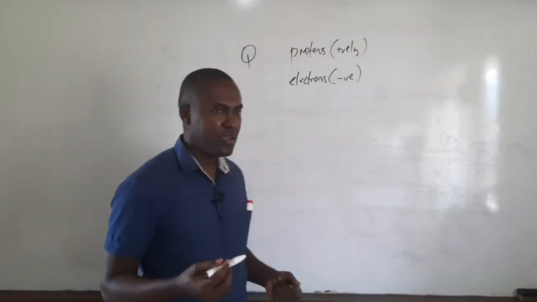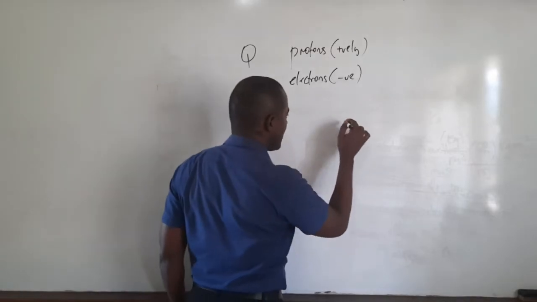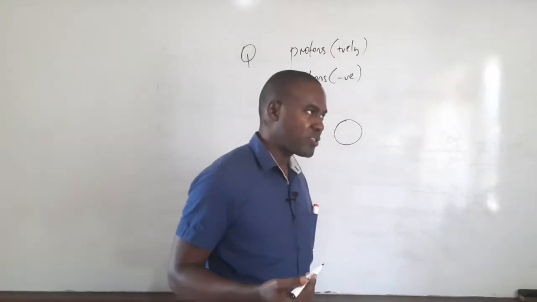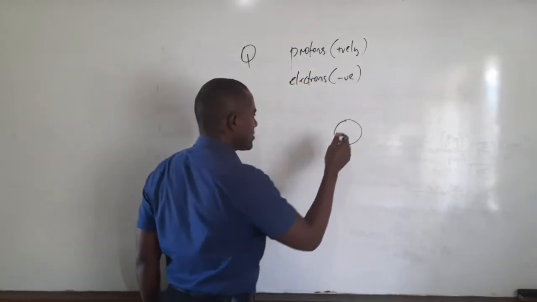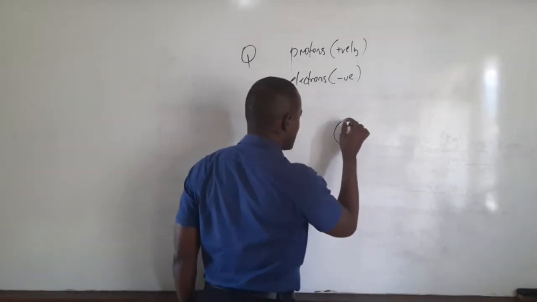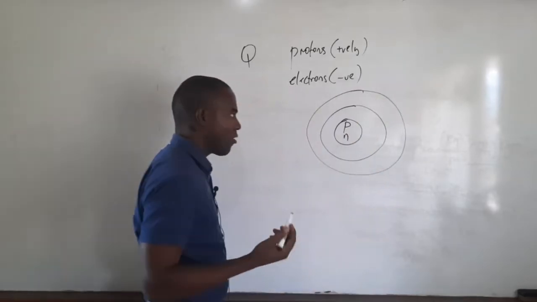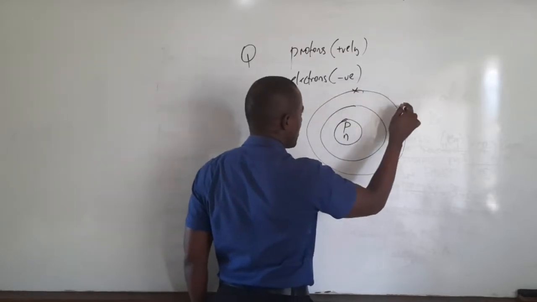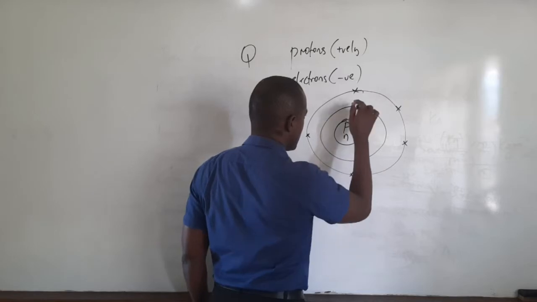Now looking briefly at the simplified version of the atom, we know that in an atom there's a centrally dense portion called the nucleus, which accounts for a significant portion of the atom's mass, and which contains the protons and the neutrons, right? And outside the nucleus, on shells, which can be thought of as orbits around the nucleus, we have the electrons, which are more loosely attached to the atom, right?